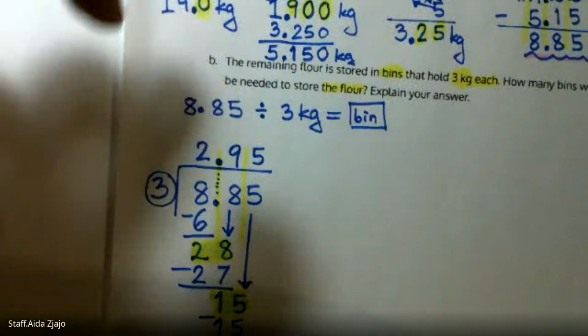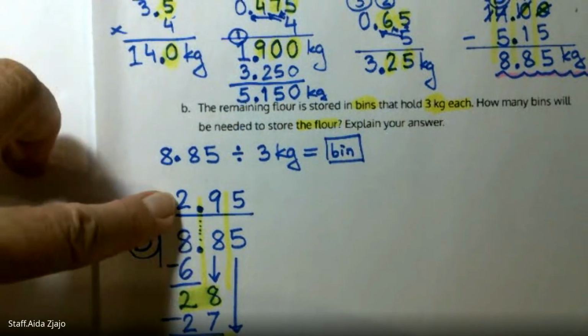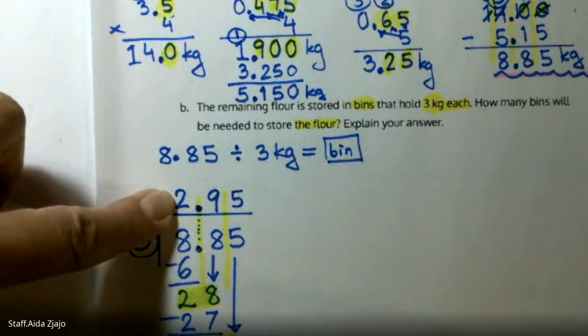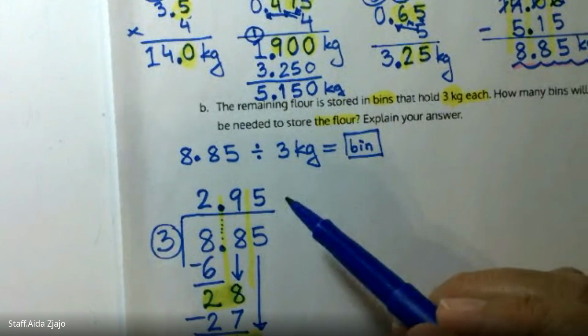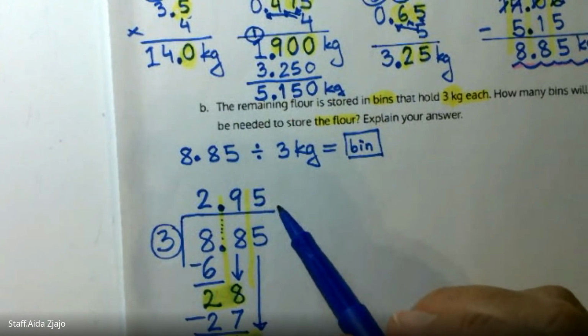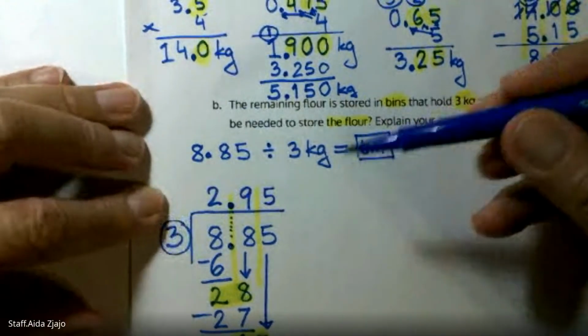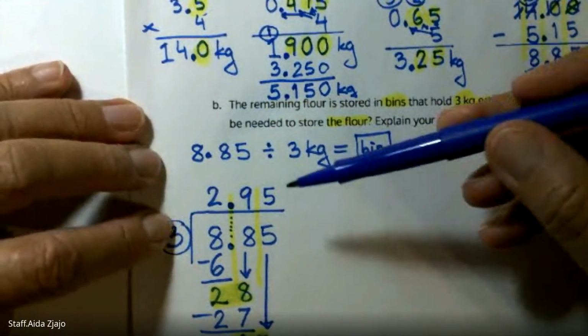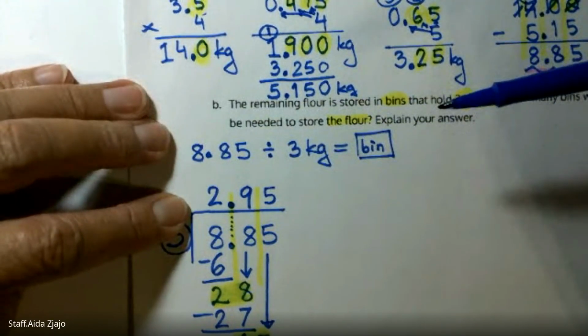So if I divide into the 3 kilograms, I will have 2 whole groups of 3 kilograms, and then I will have 95 hundredths extra. So what that means, we are dividing to see how many bins he will need.